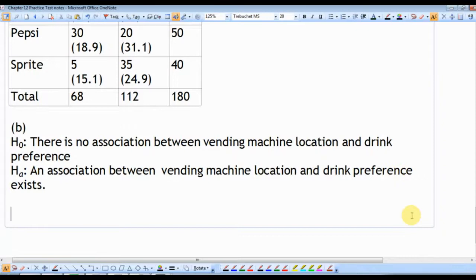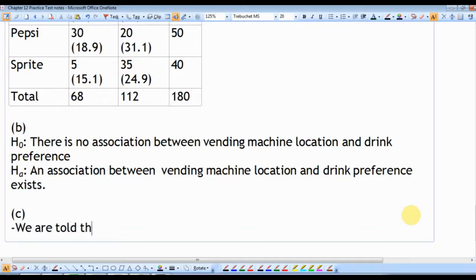Okay. Questions on B? Good. C. Condition 1 is random and independent. So we are told the sample is random.